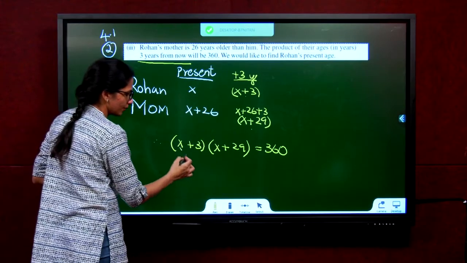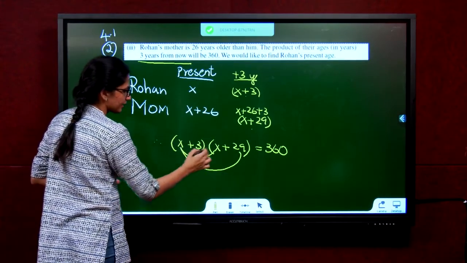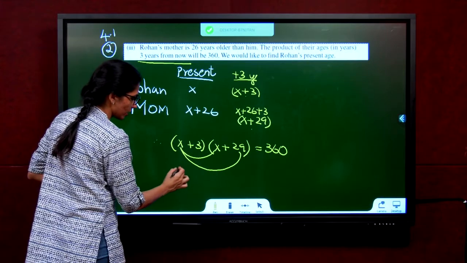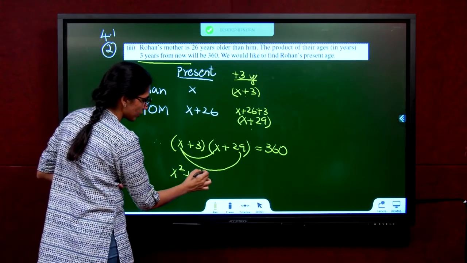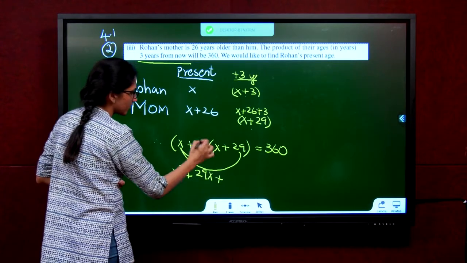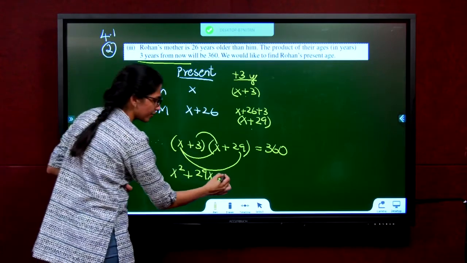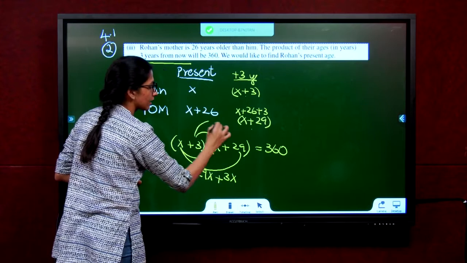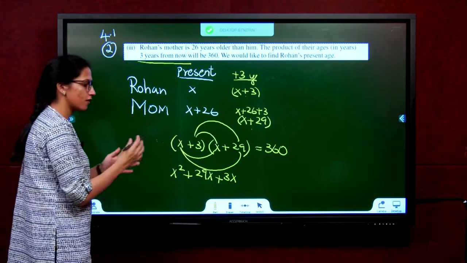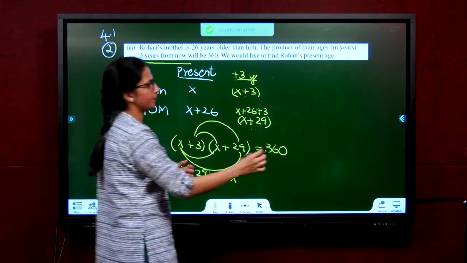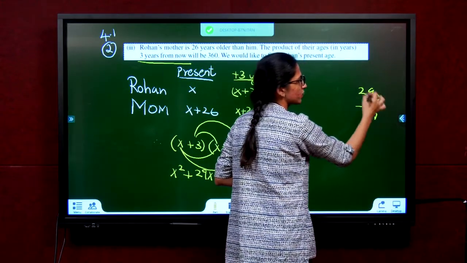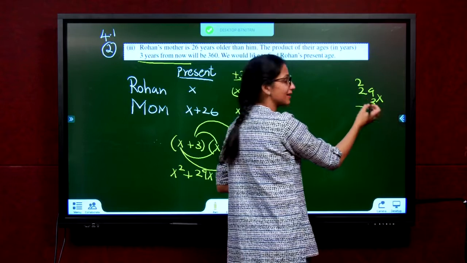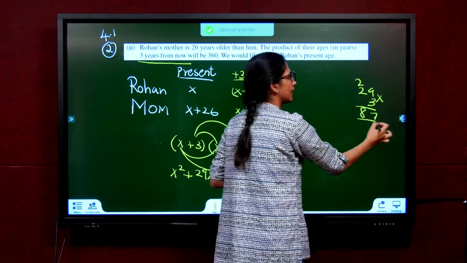Now, normal multiplication. x into x, x square. x into 29, plus 29x. 3 into x, 3x. 3 into 29. For those who don't know, can normally multiply 29 into 3 here. 3 9s are 27. 3 2s are 6. 6 plus 2, 8.